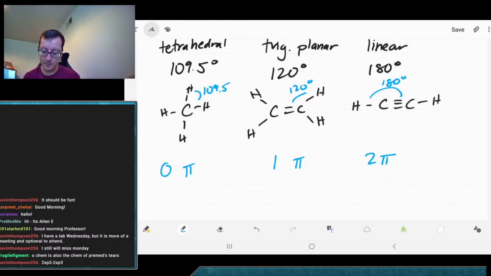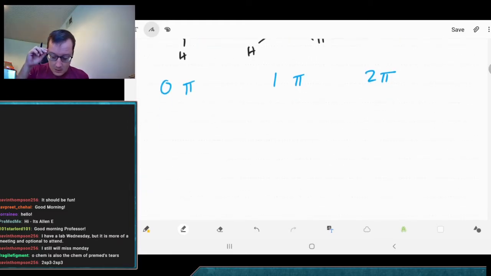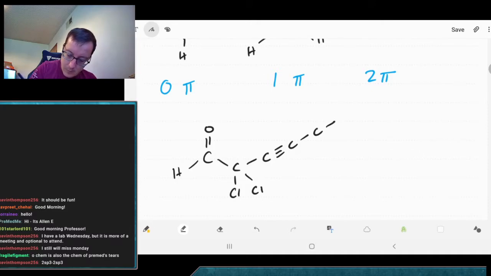All right, so let's take a look at a couple of examples. Okay, here's a fun little molecule here.